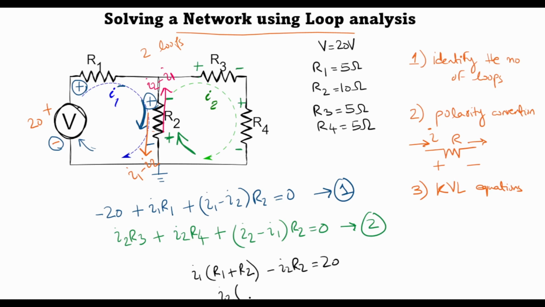I can group all the terms with I2, R2 plus R3 plus R4, minus I1 times R2 equals 0. Let's call these equation 3 and equation 4 respectively.